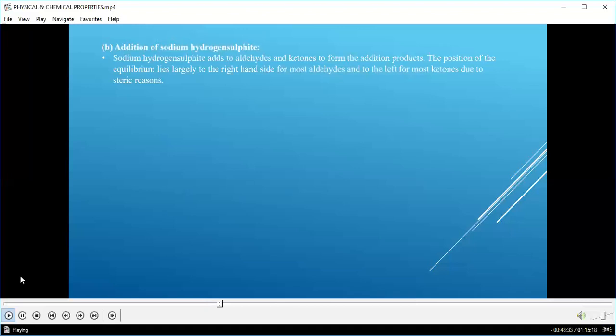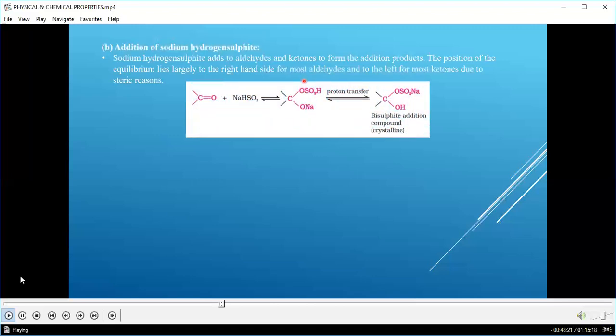The position of the equilibrium lies largely to the right-hand side for most aldehydes and to the left for most ketones due to steric reasons. We have already discussed the steric reasons, which are related to the alkyl groups. The more alkyl groups, the more steric hindrance.